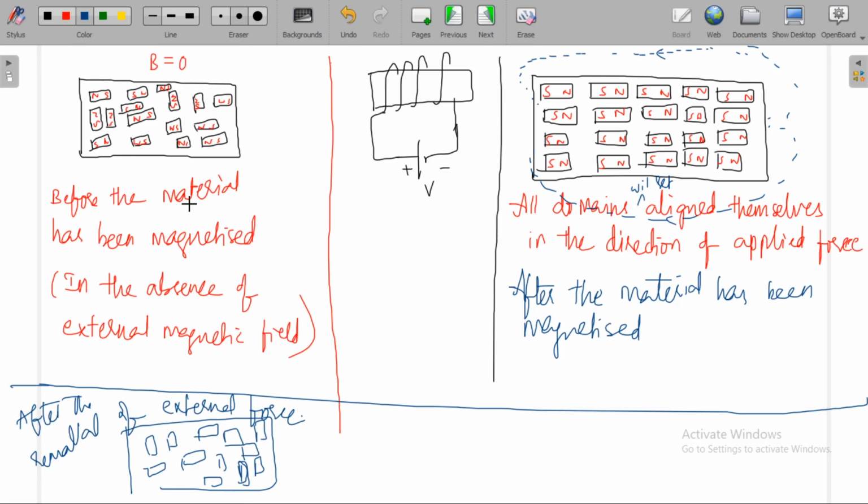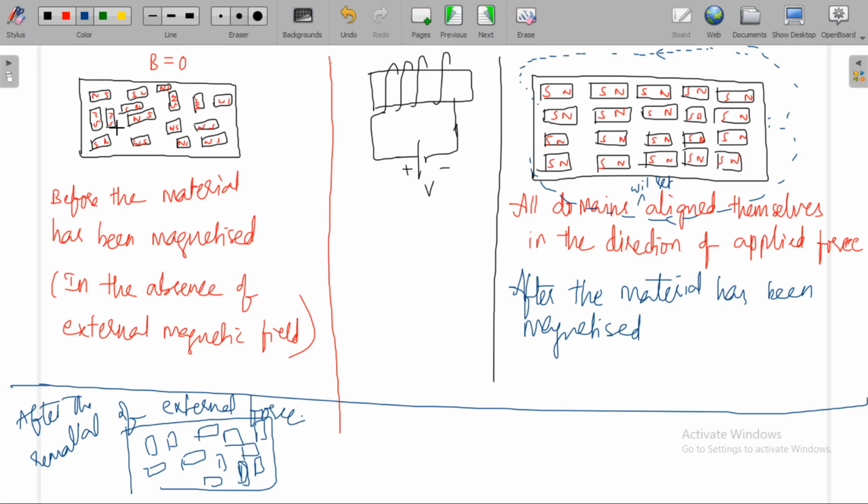So the very first point is, in any magnetic material, a very large number of tiny magnets are present. Those tiny magnets are called dipoles, magnetic dipoles or magnetic domains. Before the metal has been magnetized, in the absence of external magnetic field, these domains are distributed randomly like this.